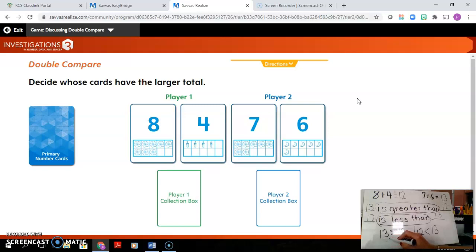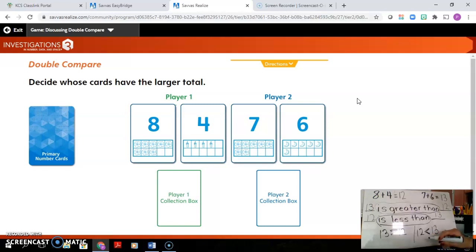So 13 is greater than 12. And if we look on this side, we're going to give Mr. Alligator some good sharp teeth, and the open mouth is going toward the 13. 12 is less than 13.